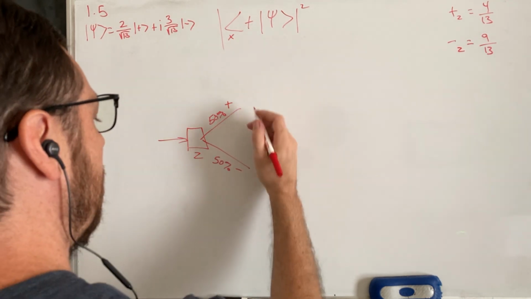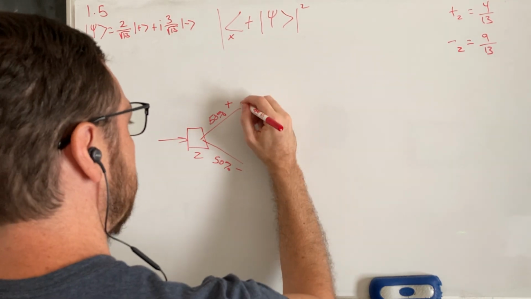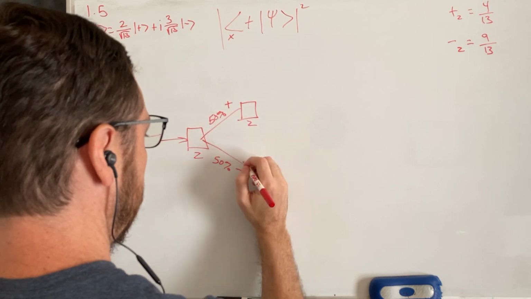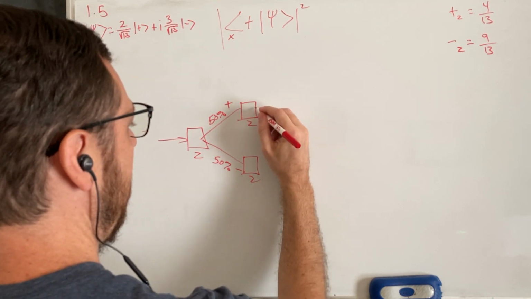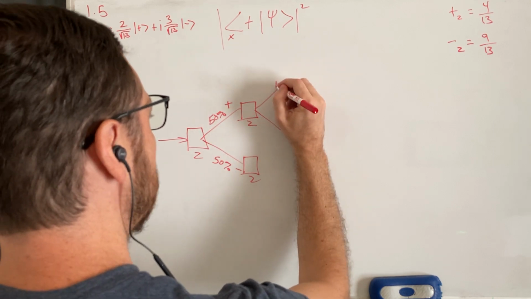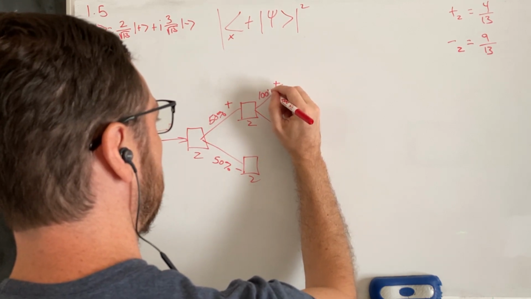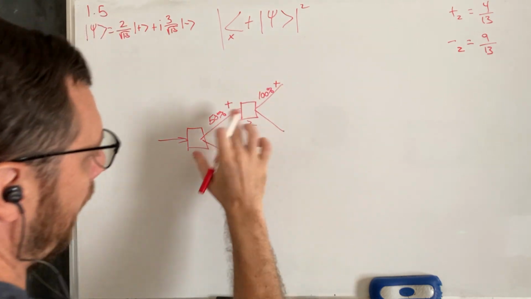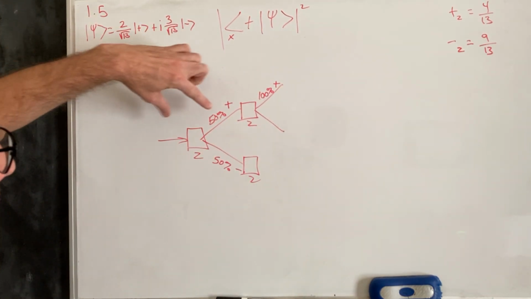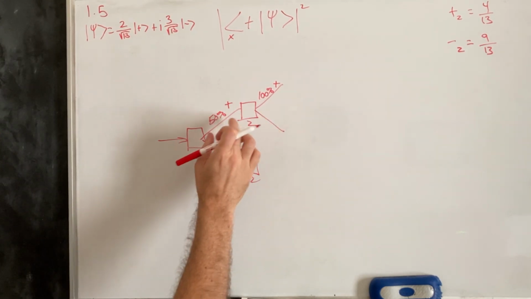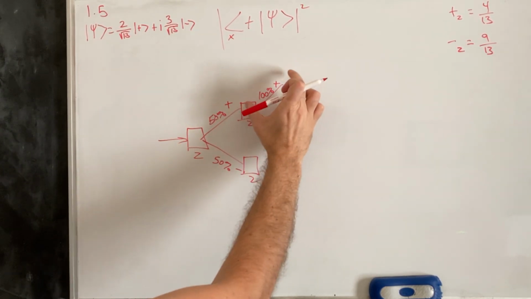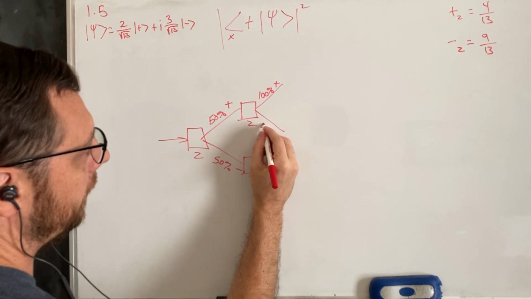Then at that point, let's detect it again in the z direction. And in the up direction, now we have 100% up, because we're only taking the ones that we already read as up. Because we were only taking the ones that were spin up, they're still spin up. So that was expected. That makes sense.